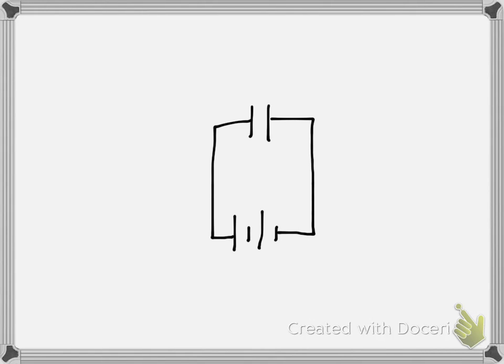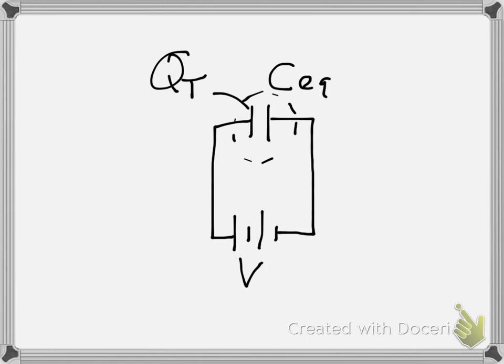So if I draw an equivalent circuit here, then I'm going to have a capacitance with C equivalent, and the total charge on this guy will be Q total, where Q total is the sum of Q1 plus Q2.